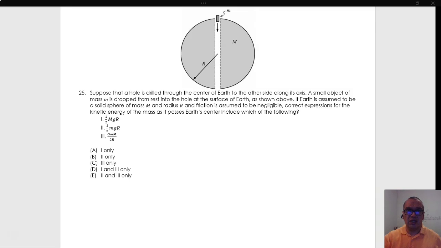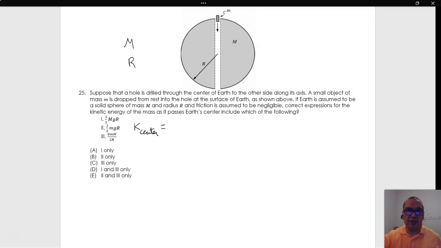If Earth is assumed to be a solid sphere of mass M and radius R, and friction is assumed to be negligible, correct expressions for the kinetic energy of the mass as it passes Earth's center include which of the following?